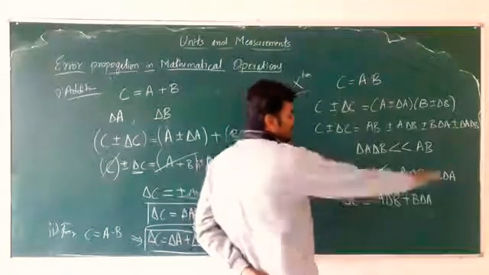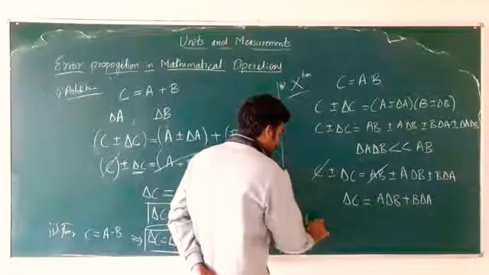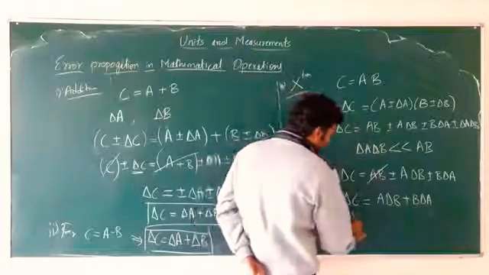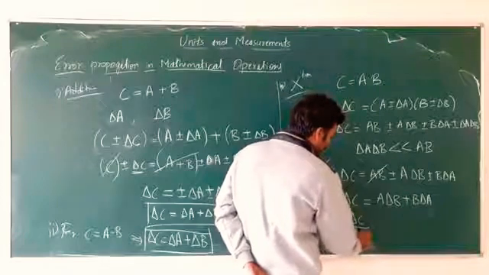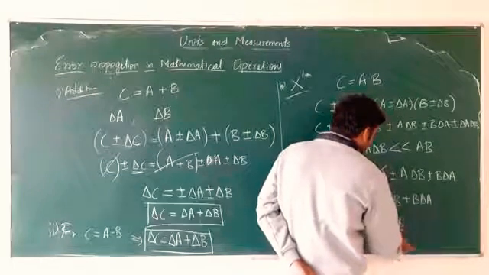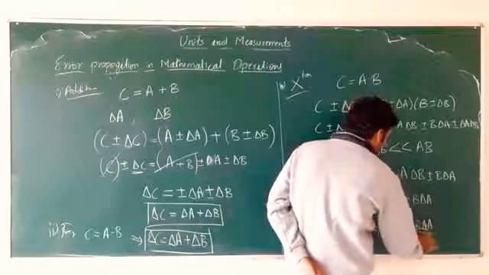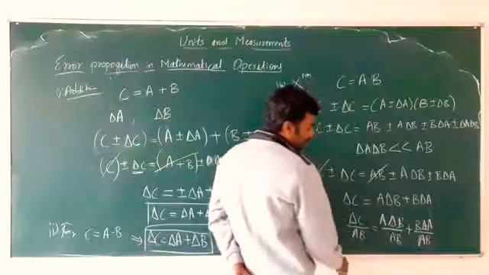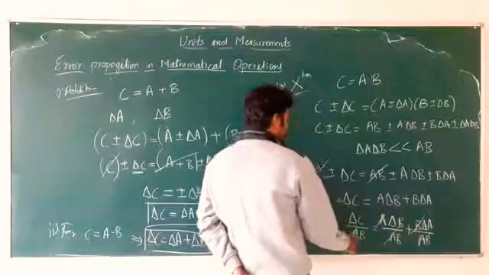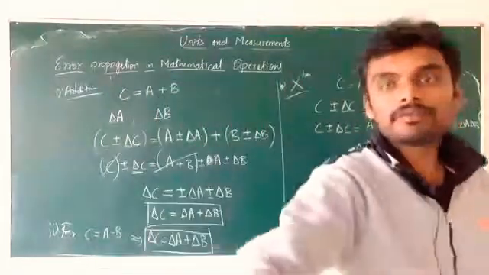Now dividing the entire equation, both LHS and RHS, by AB, we will get delta C by AB is equal to A delta B by AB plus B delta A by AB. Now you see a few terms get cancelled, A and A, B and B, and finally we will be left with an expression.